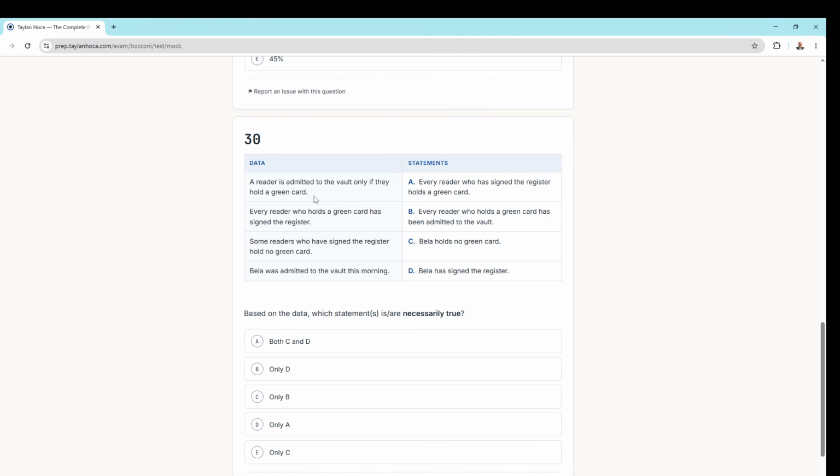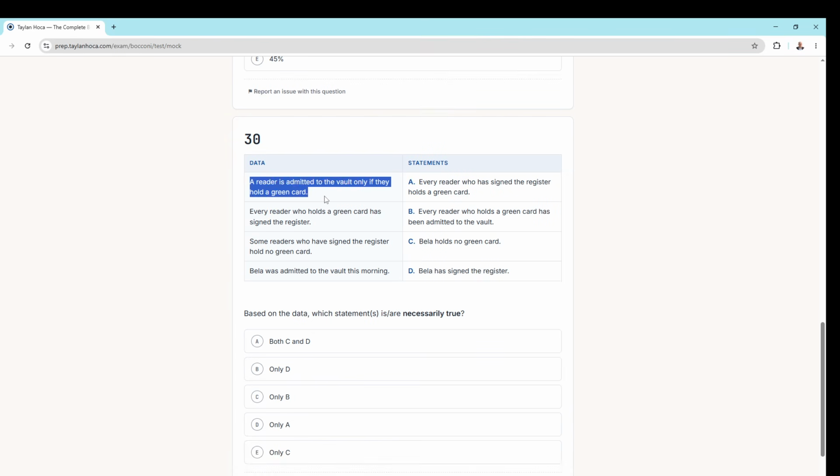Okay, who holds a green card, no. The opposite is not. I don't know about the opposite. Maybe true, maybe not. Every reader who holds a green card has signed. Okay. But the opposite, I don't know. Every reader who holds a green card has been admitted to the vault. They signed the register.